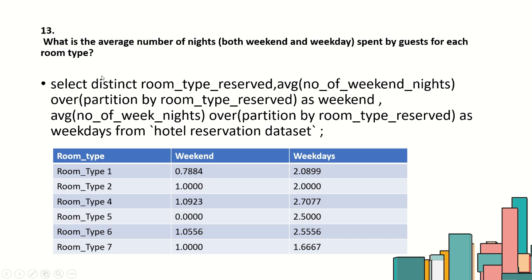I have first used distinct room type reserved, then I have used a window function with the average aggregator function on weekend nights, then over partition by room type reserved as weekend, and similarly for the weeknights. So we can see the output for room types and weekend and weekdays is given here.